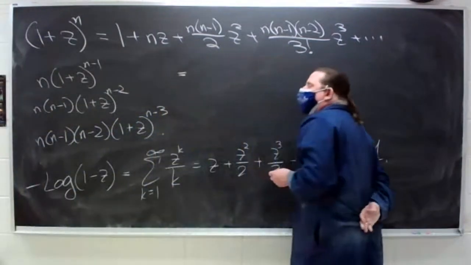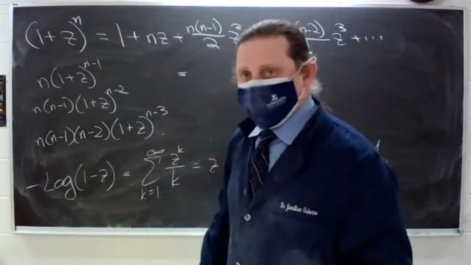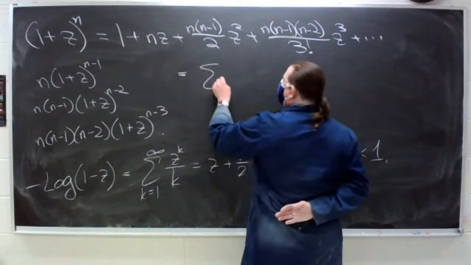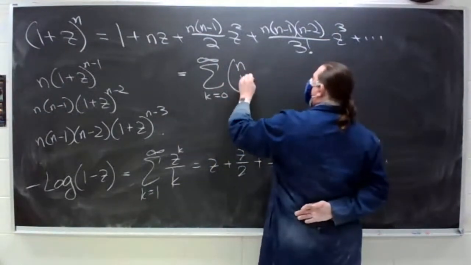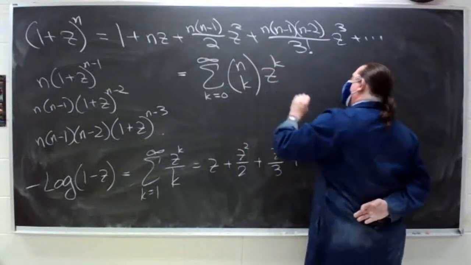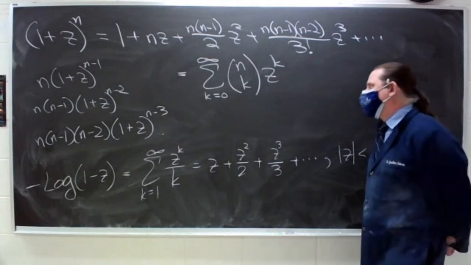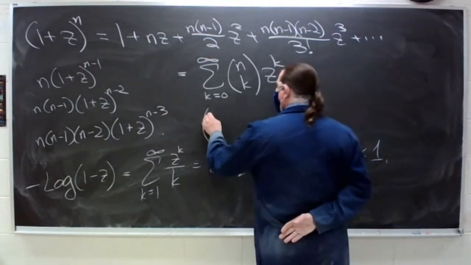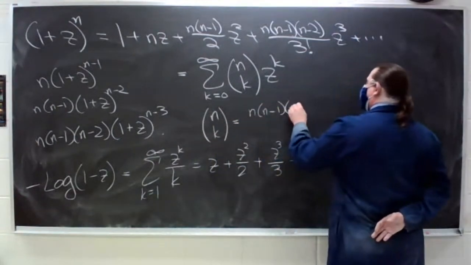Taking a cue from the well-known binomial series expansion, we can rewrite this like that. All right? Where n choose k has this explicit form.